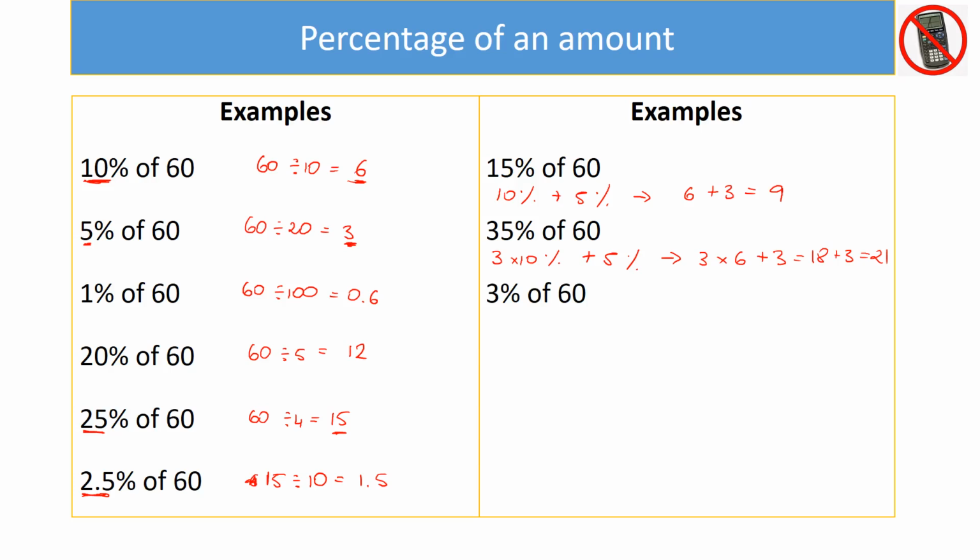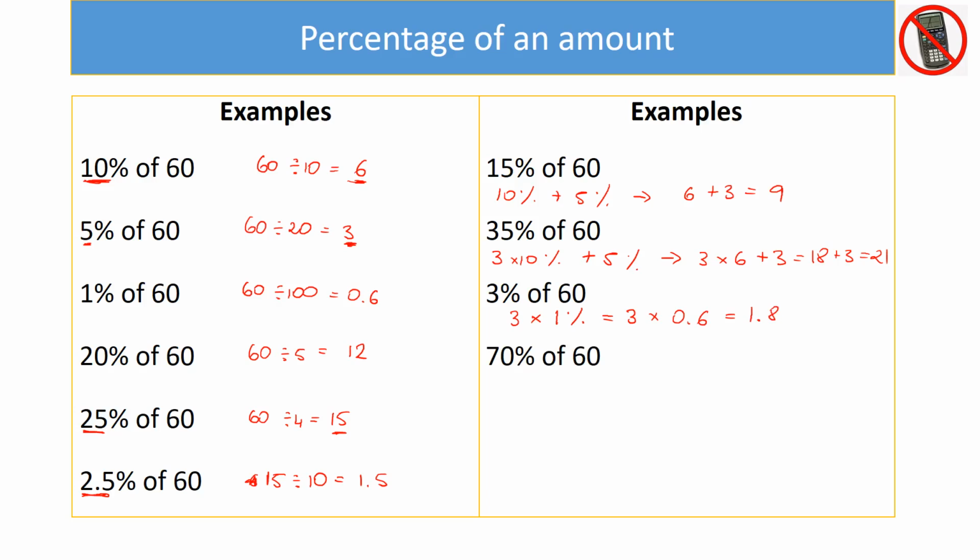The next question, I've got 3% of 60. So I can work out 3% by multiplying 1% by 3. I already know that 1% is 0.6. So 3 times 0.6 is 1.8.